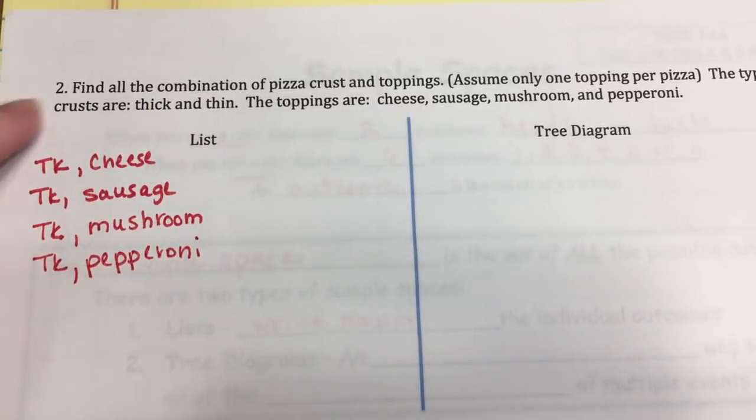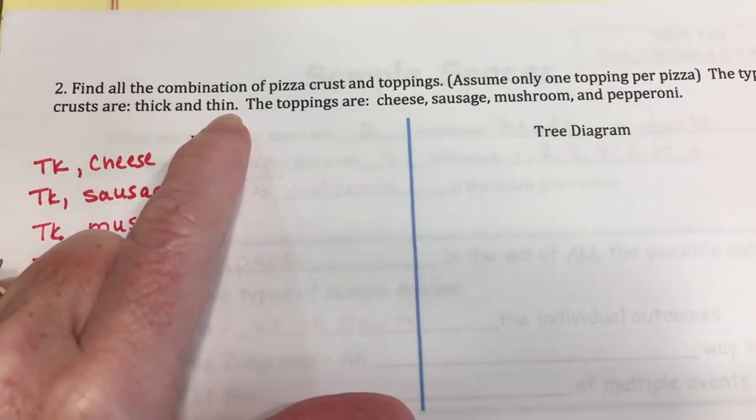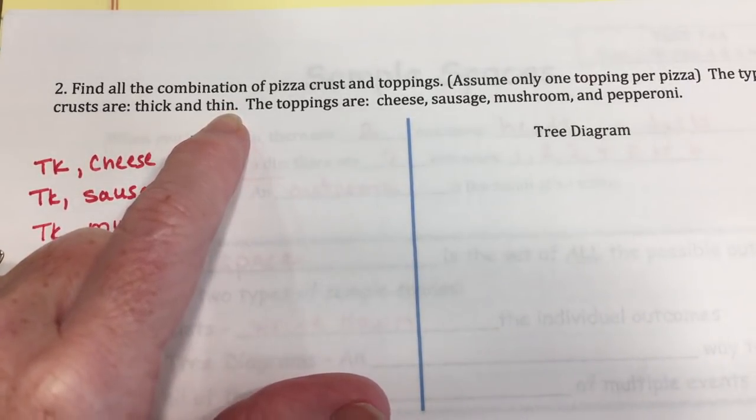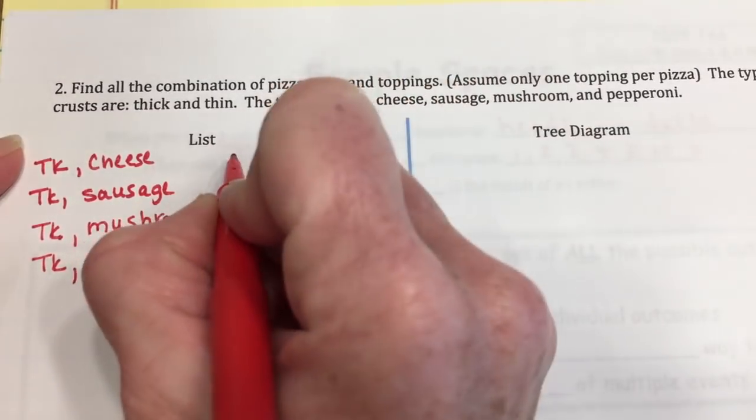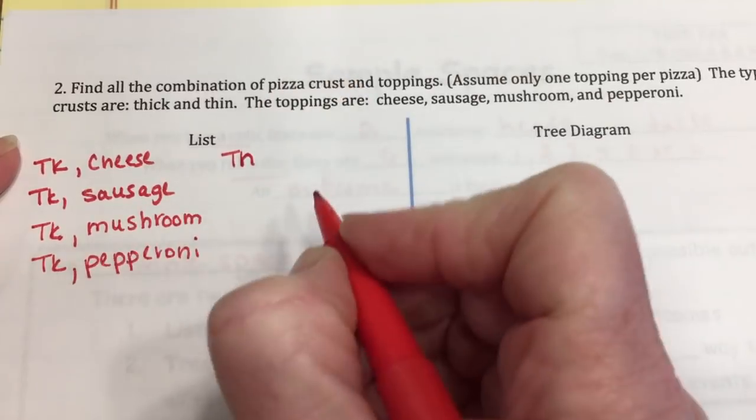So I found all the possibilities. Nope, I haven't used the thin crust yet. So I have to go back and list all the possibilities now with thin. I'm going to use TN for thin.